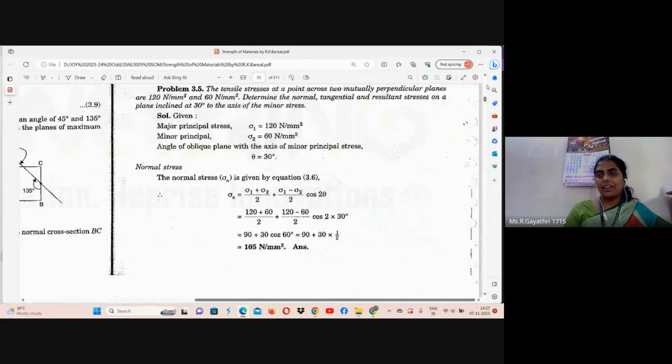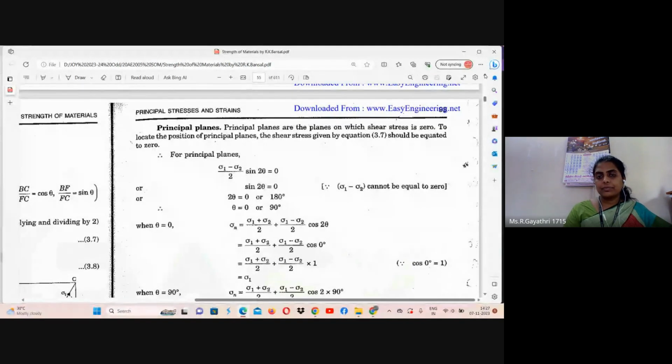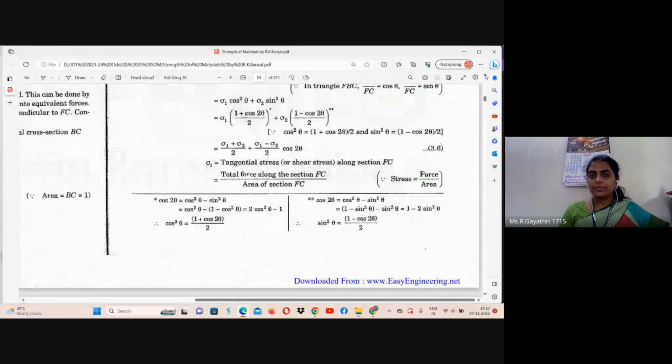Okay, next we can find the maximum normal stress. Normal stress value is sigma 1 plus sigma 2 by 2 plus sigma 1 minus sigma 2 by 2 cos 2 theta.